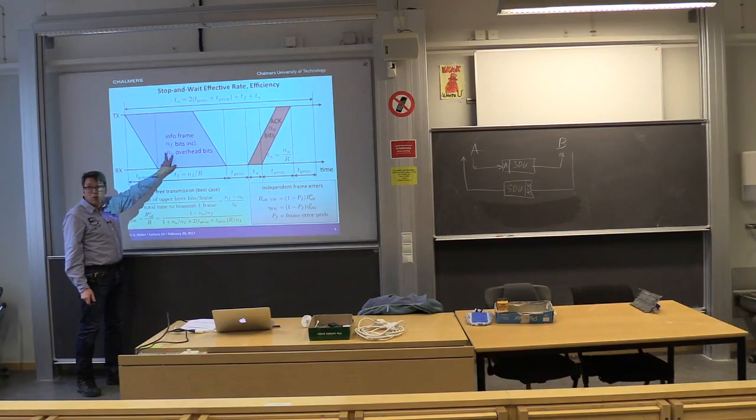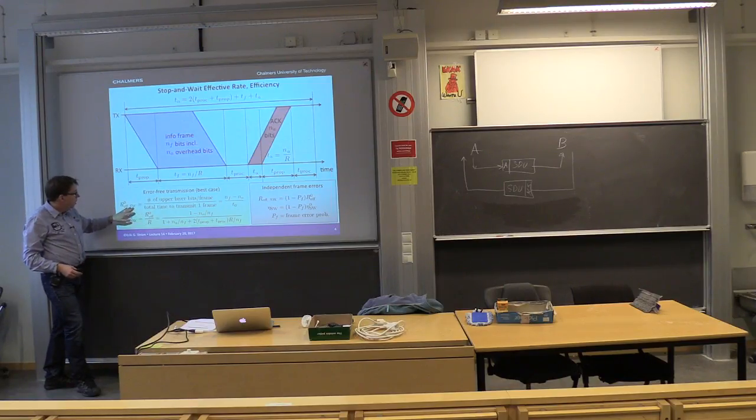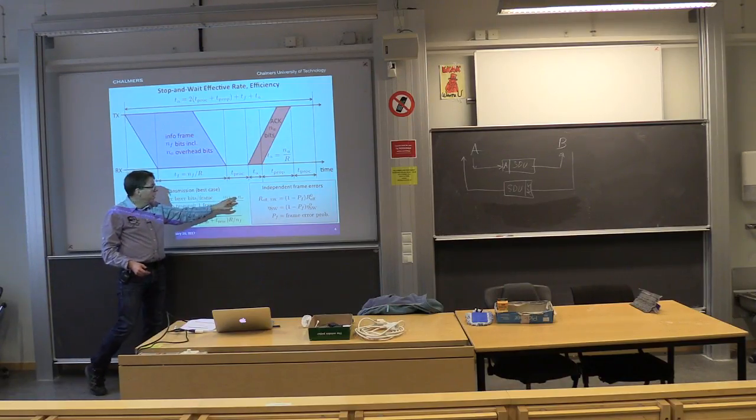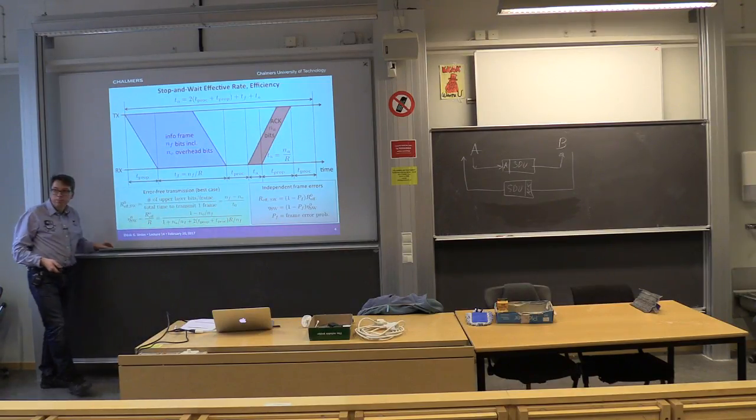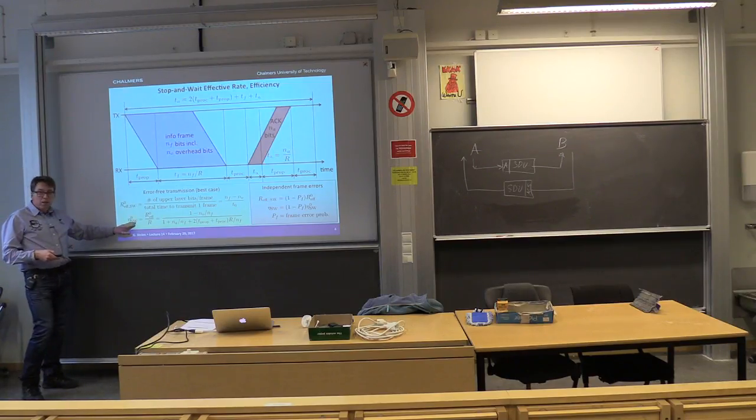Out of those, NO is overhead bits. So the useful bits, the bits from the layer above, is NF minus NO. So the effective rate is NF minus NO divided by T0, the time it takes to deliver that frame. Okay, and then one can calculate the efficiency, which is the ratio between the effective rate and the data rate of the layer below us. And then we get this type of expression.